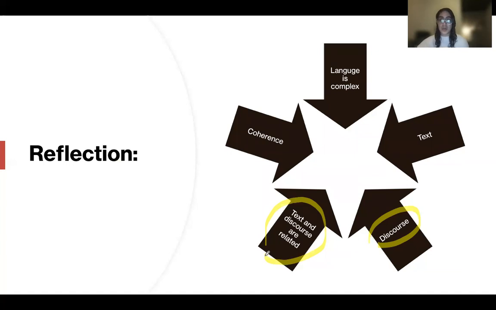And for that reason, we have to be aware of these rules, these devices, in order to express ourselves coherently.